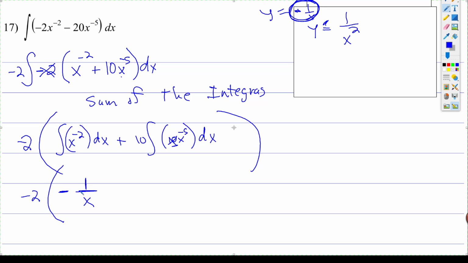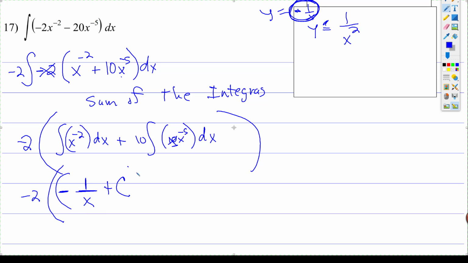So when we work backwards for the integral, this x was positive, so the integral will be negative, and since this was x to the negative second, when we work backwards, it was x to the first. All right, and then that's a plus c because it's indefinite.